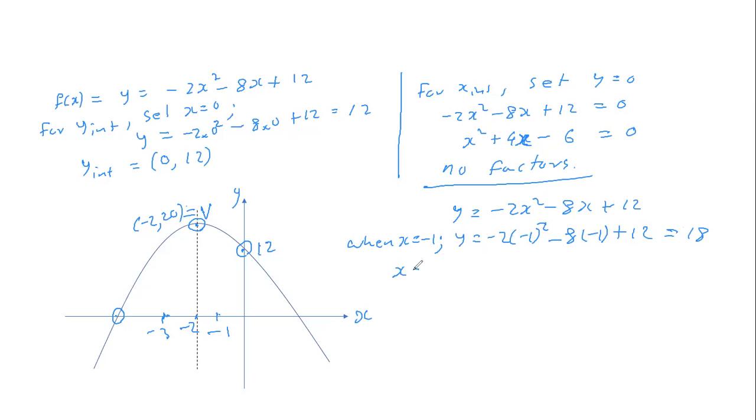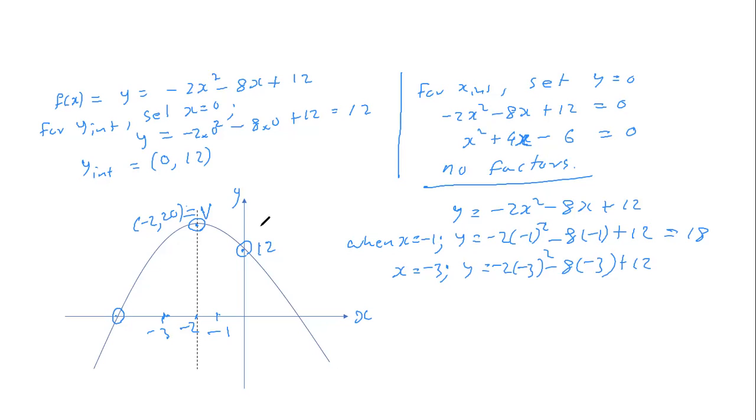Then substitute x equals negative 3. We get y equals negative 2 times negative 3 square minus 8 times negative 3 plus 12.